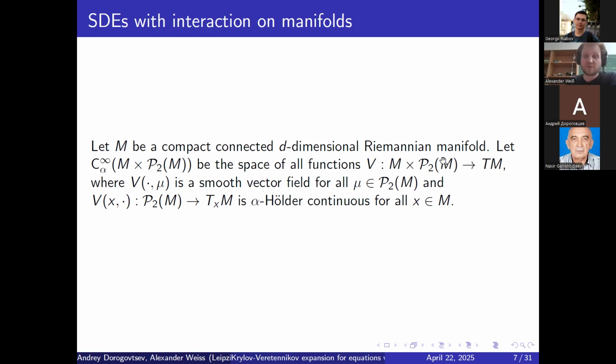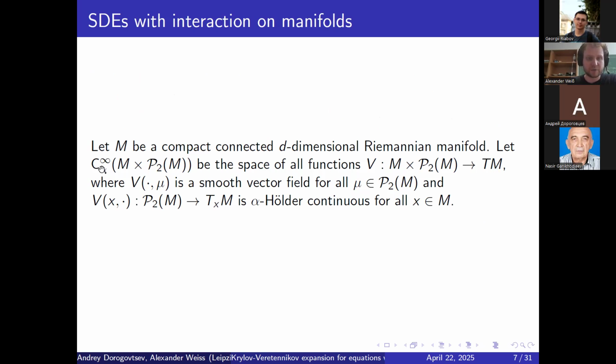So since it's Riemannian, it's smooth, and it has a Riemannian metric on the tangent space. Then, since we look at an SDE with interaction, our vector fields which drive our SDE should also depend on the Wasserstein space.